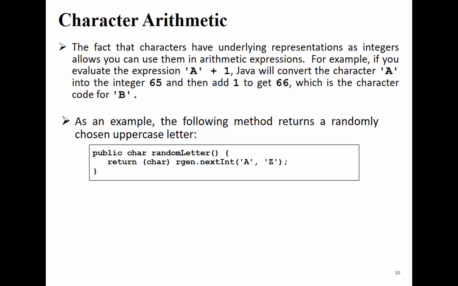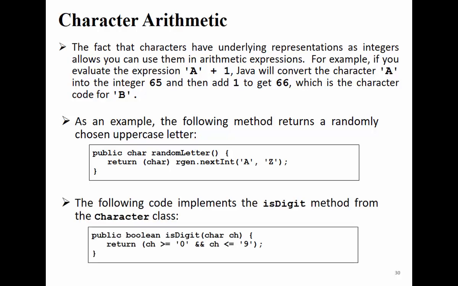Now, this variable is a random number. You know how to define a random number inside Java? Okay? You define a random number, just import the class, and you ask for the next integer, and you provide capital A and capital Z, which will return to you an integer value, but then you cast it to give the character value. This will generate random capital letters for you.